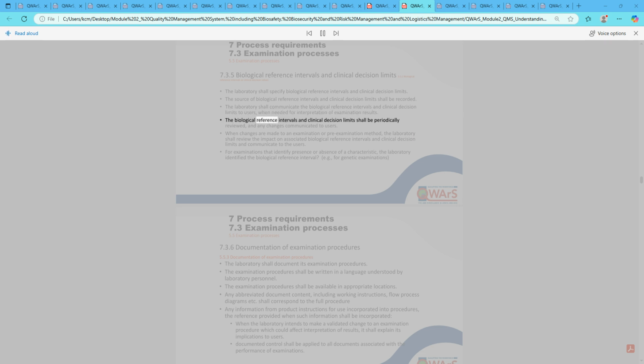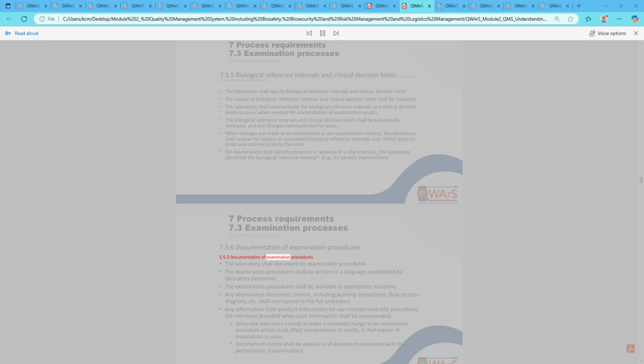The biological reference intervals and clinical decision limits shall be periodically reviewed, and any changes communicated to users when changes are made to an examination or pre-examination method. The laboratory shall review the impact on associated biological reference intervals and clinical decision limits and communicate to the users. For examinations that identify presence or absence of a characteristic, the laboratory shall identify the biological reference interval, e.g., for genetic examinations.